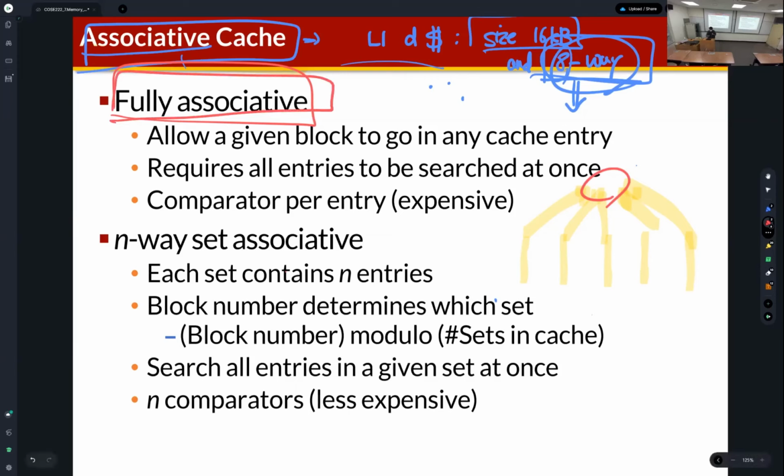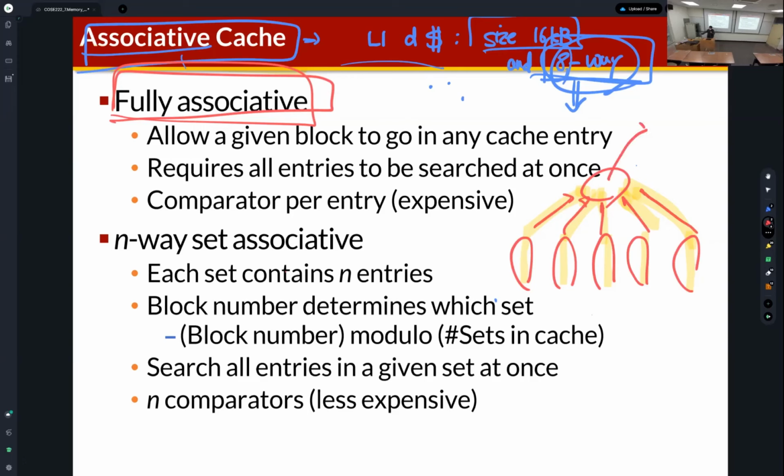When I explained the worst case, the problem of our cache organization is that multiple memory blocks need to be stored in the same cache block.